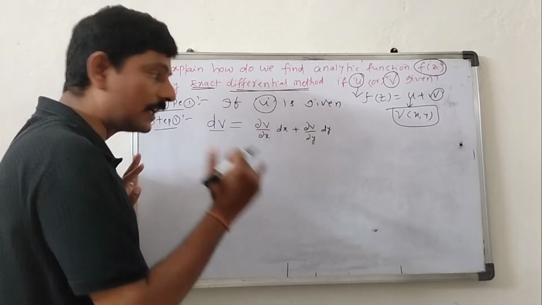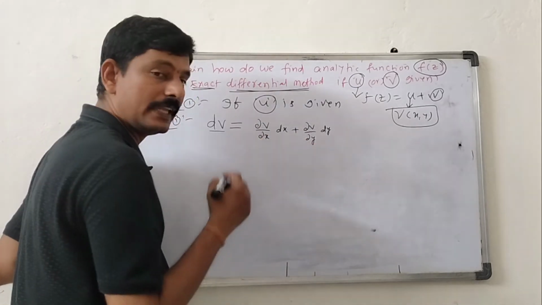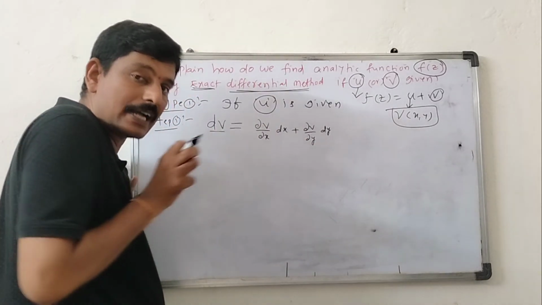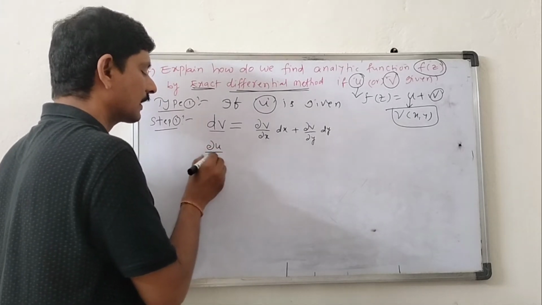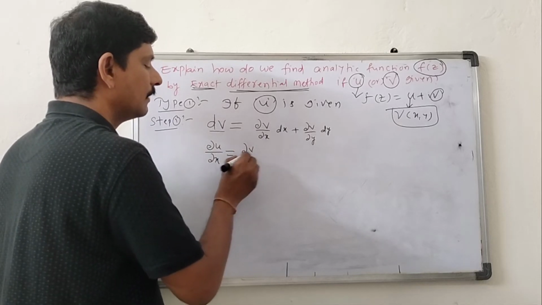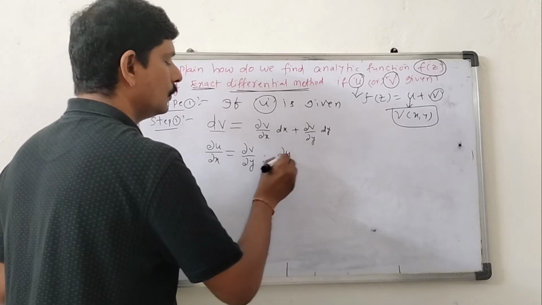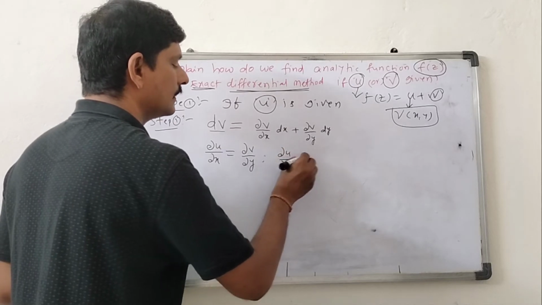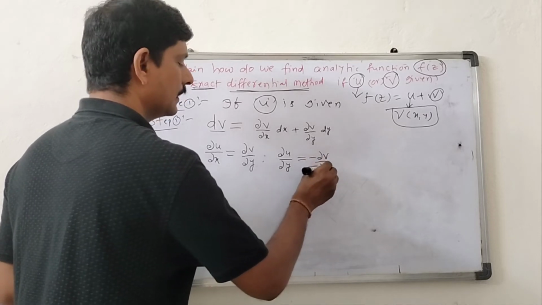We convert dou v by dou x and dou v by dou y in terms of u by using the Cauchy-Riemann conditions. The Cauchy-Riemann equations are: dou u by dou x is equal to dou v by dou y, and dou u by dou y is equal to minus dou v by dou x.